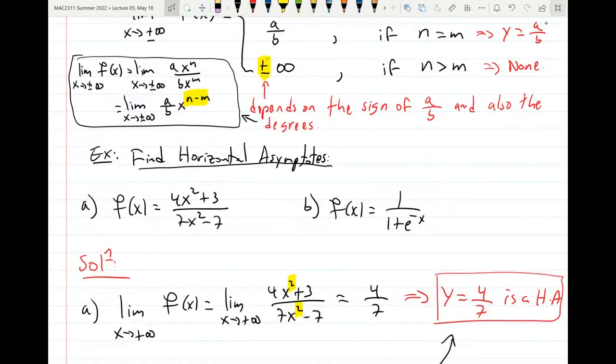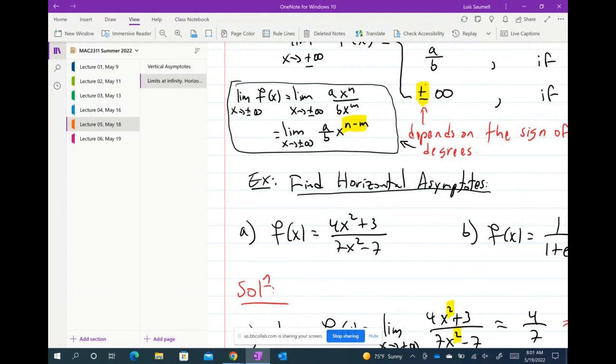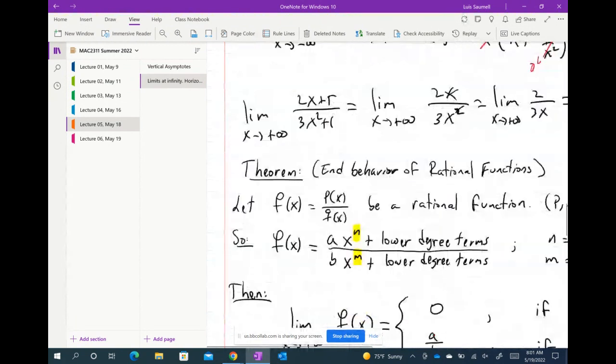Now, before I move forward, I would like to do an example, again, of limits at infinity, of functions that appear to be similar to rational functions, but they're not actually rational because there are radicals involved, okay? You have some problems like this in the homework. I want to make sure that you see a couple of examples so you understand how to deal with those problems. The idea is exactly the same.